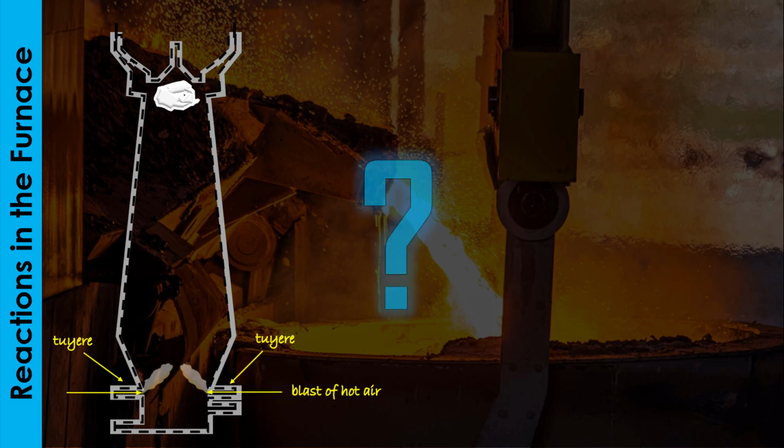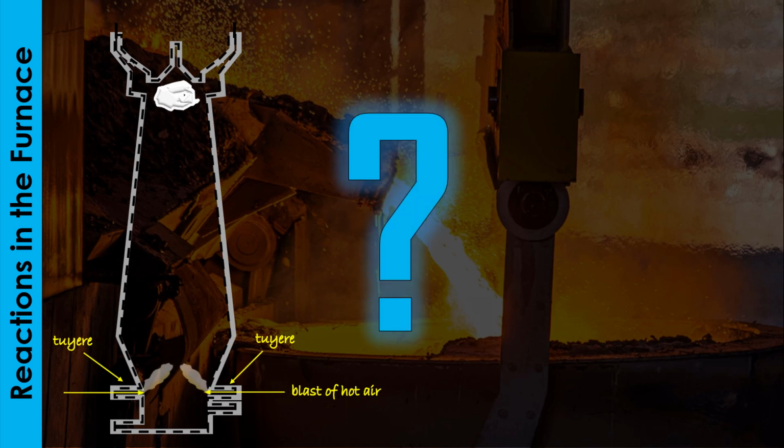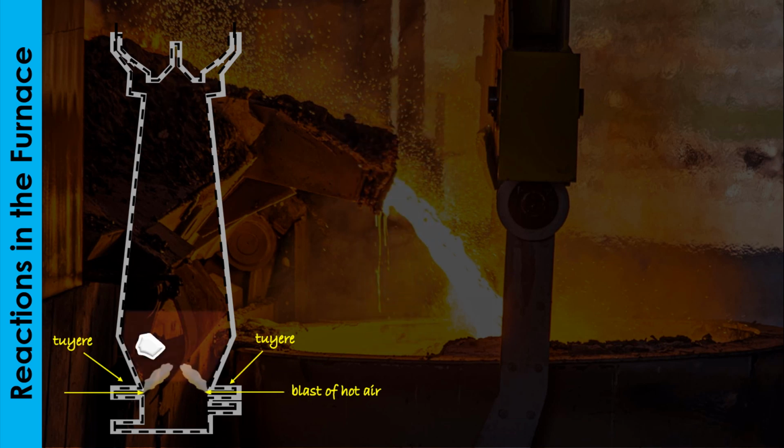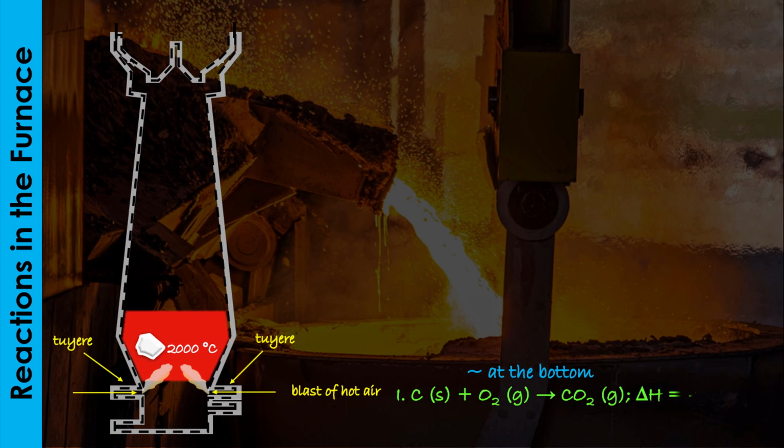Which of the components of the charge do you think will react with the hot air? Limestone, coke, or haematite? If your answer is not coke, then you are wrong. So, at a high temperature of about 2000 degrees Celsius, the coke reacts with oxygen at the bottom of the furnace in an exothermic reaction to form carbon(IV) oxide.